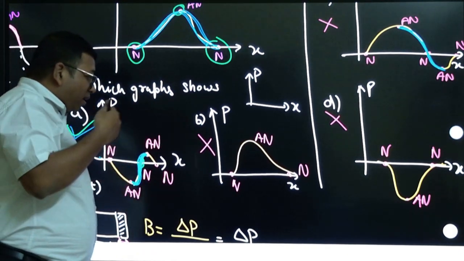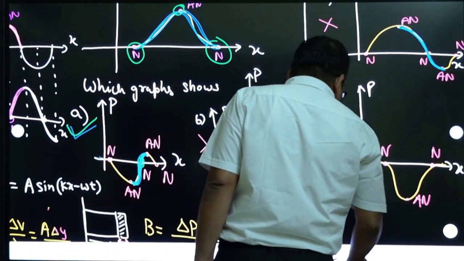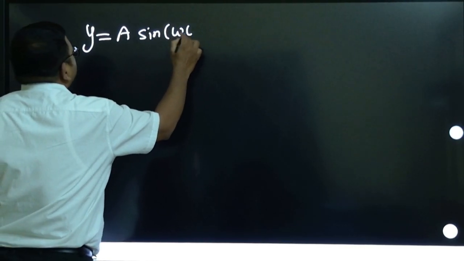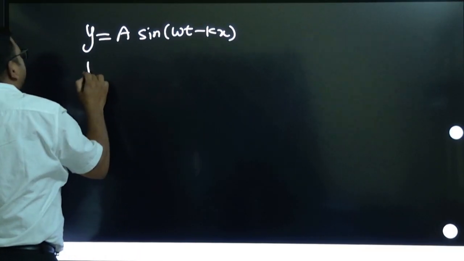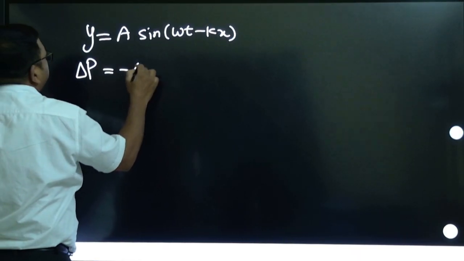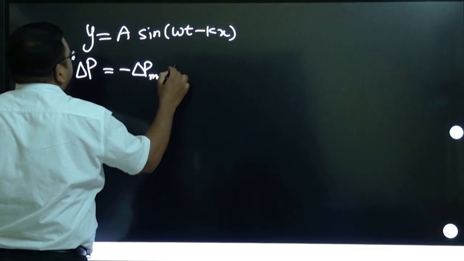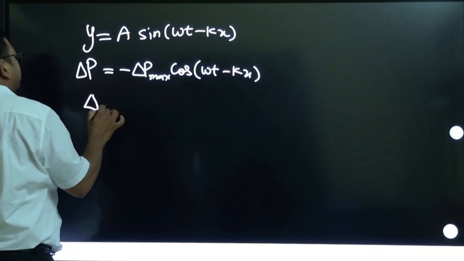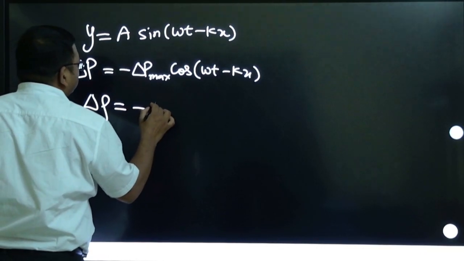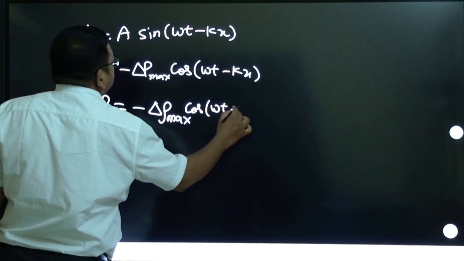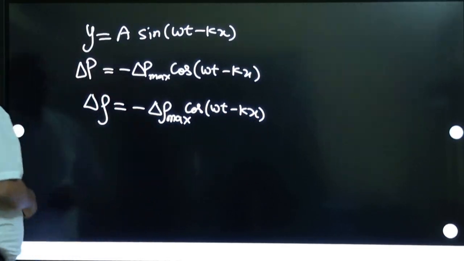So remember, if y is equal to a sine omega t minus kx, the pressure function delta p is minus delta p max cos omega t minus kx. Similarly, the density function will be in the same manner: minus delta rho max cos omega t minus kx. Clear?